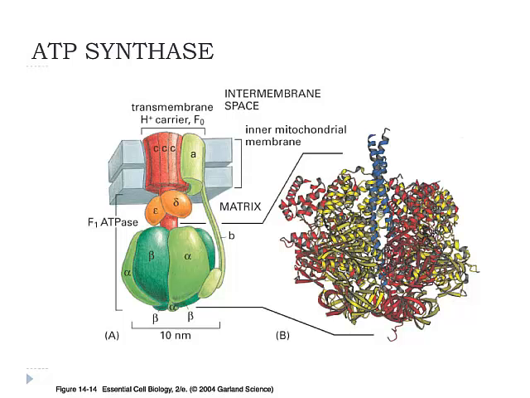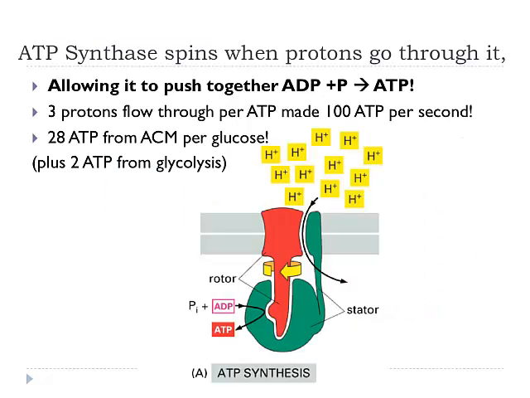And then this globular protein down here, the ATPase, will transfer phosphate to ADP to drive the phosphorylation of ADP to ATP. So it really just physically pushes together the inorganic phosphate with the ADP to create that ATP.